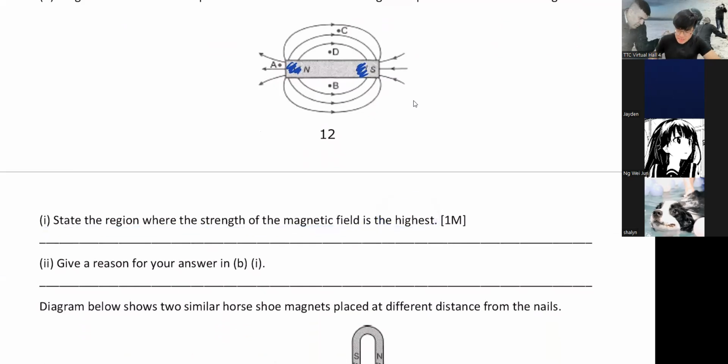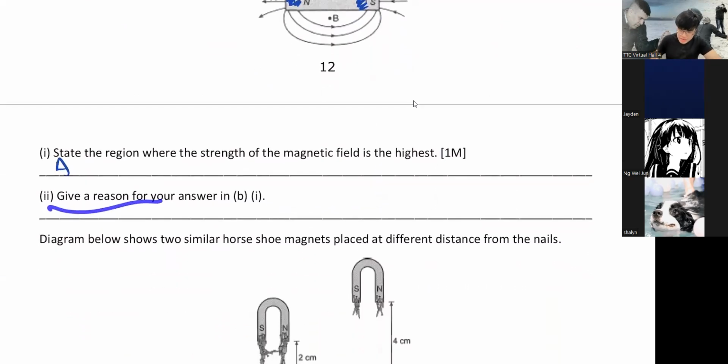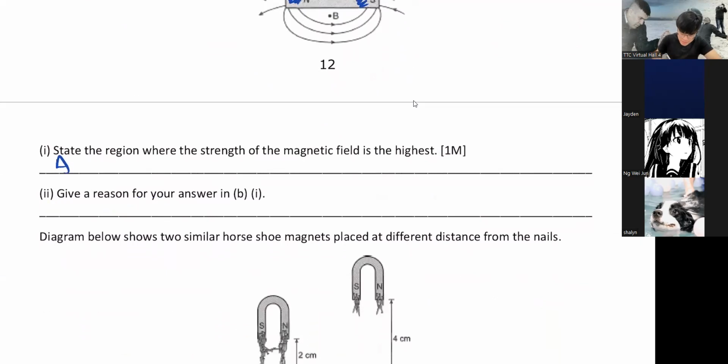It's at the pole here, so that will be your A. A is the strongest here. C, D, B are very weak because they are not close to the pole. Give a reason. Why is A the highest? Because it is the closest to the poles.